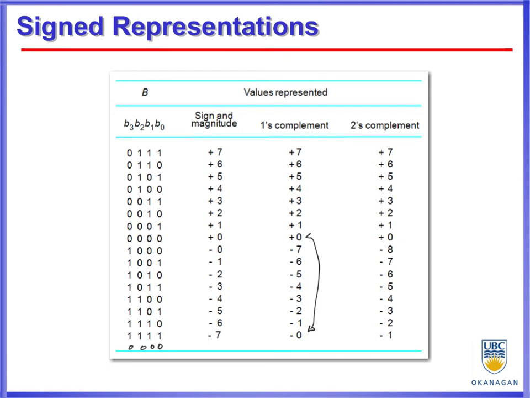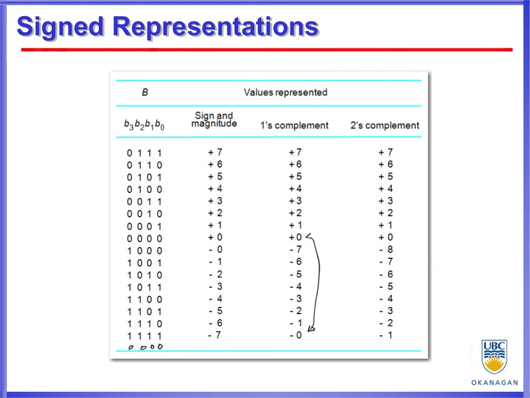Finally, 2's complement, we get rid of the 2 zeros. There is only one value for 0, and that is what we would expect, 0, 0, 0, 0. So that gets rid of one problem. The other problem is, as we'll see in a minute, 1's complement has some problems when we're adding and subtracting numbers. 2's complement, we don't have the same problem.